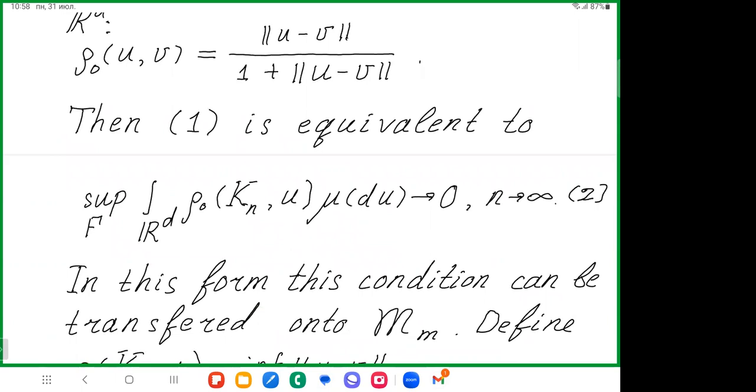Now when we have such a form of compactness criterion in the Wasserstein space of order 0, in the space of all probability distributions in R^d, this criterion can be very easily rewritten.